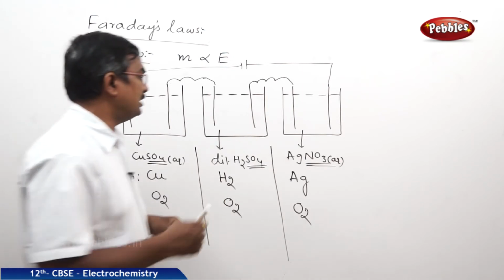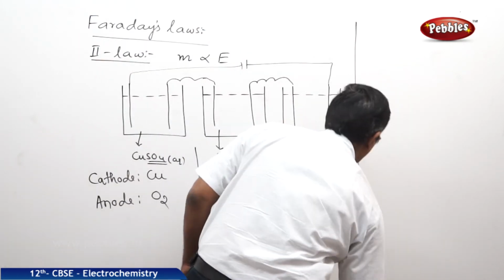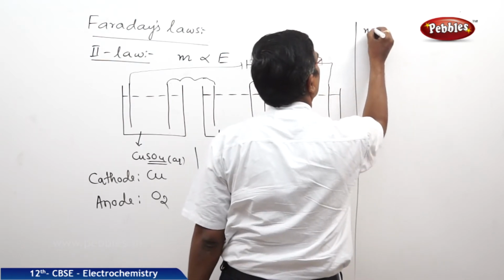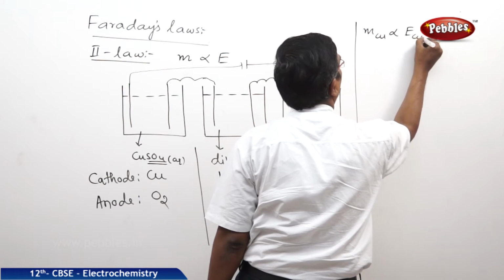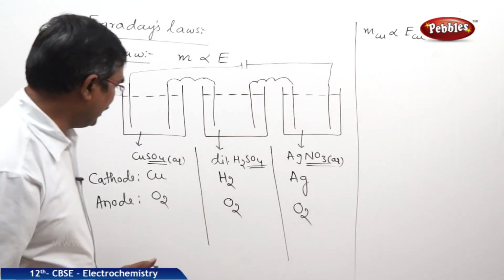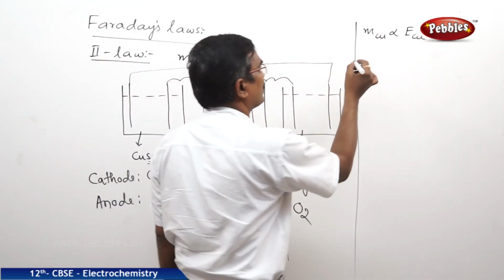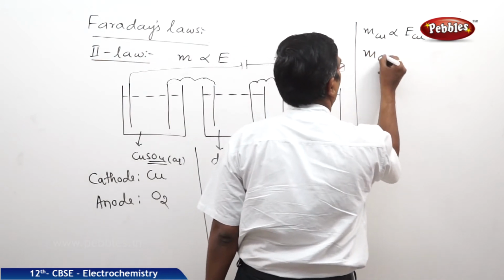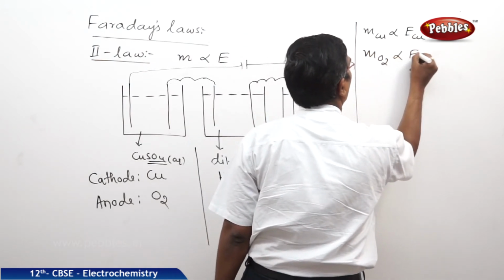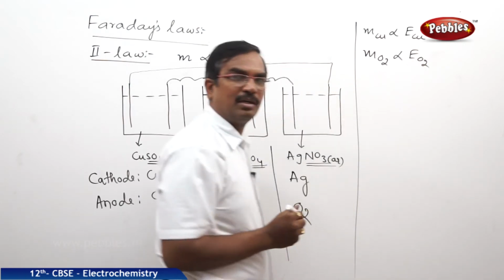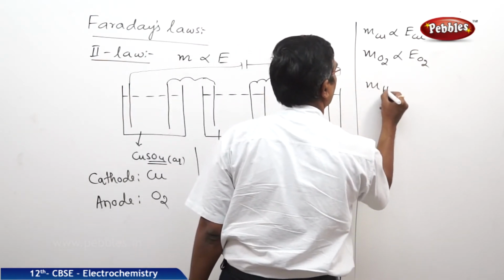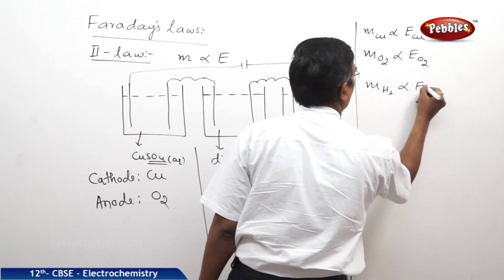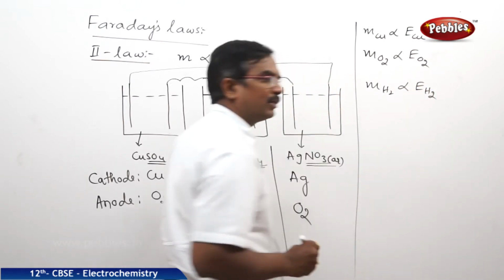That's why, as per the first case, the mass of the copper is proportional to the equivalent weight of the copper. At the same time, the mass of the oxygen is proportional to the equivalent weight of the oxygen. In the second case, the mass of the hydrogen is proportional to the equivalent weight of the hydrogen.